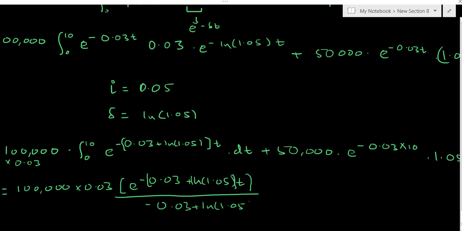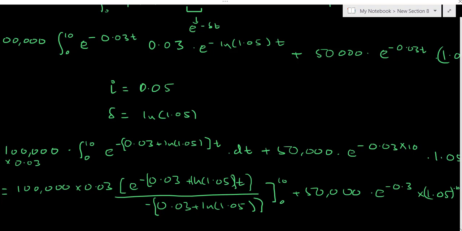This is how I integrate it, going from 0 to 10, plus 50,000 into e to the power of minus 0.3 into 1.05 to the power of minus 10.